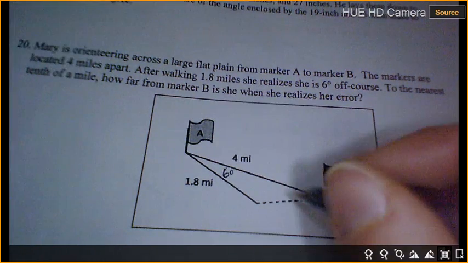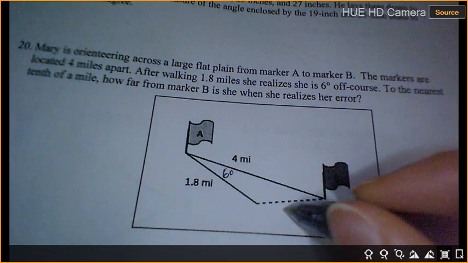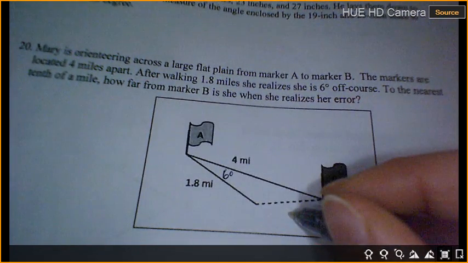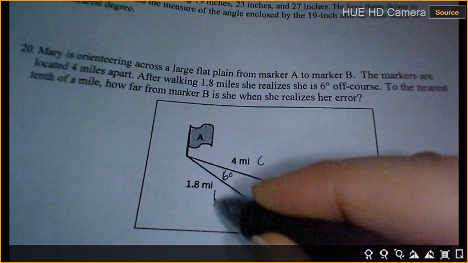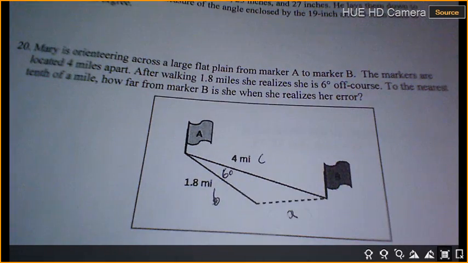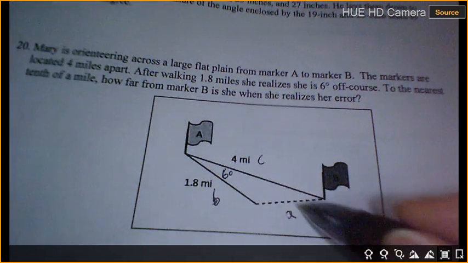So you want to find this right here, which is across from A, so you want to find little a. We've got little b, we've got little c, and we're trying to find little a.